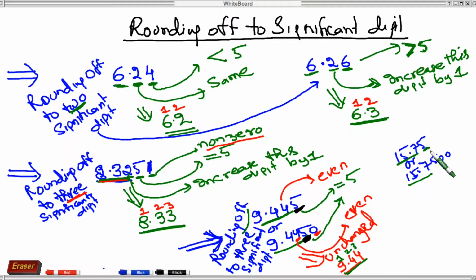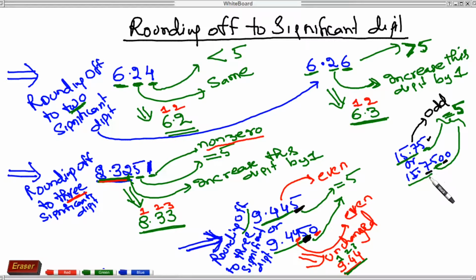So look at the next one. Here it is equal to 5, here also it's equal to 5, so both are equal to 5. And after that, here there is nothing, and here it's 0. But the thing is that this previous part is odd.